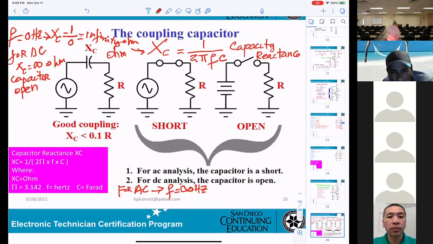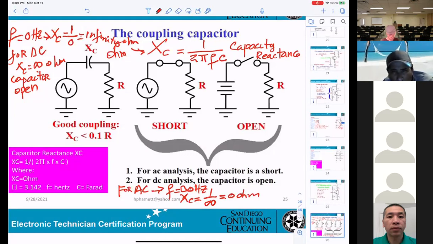So if you calculate the XC, 1 over infinity, you get 0.